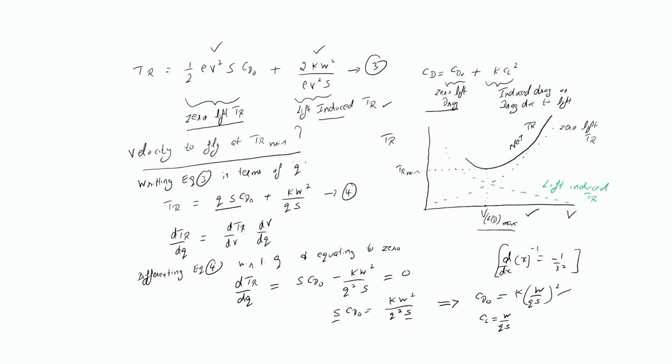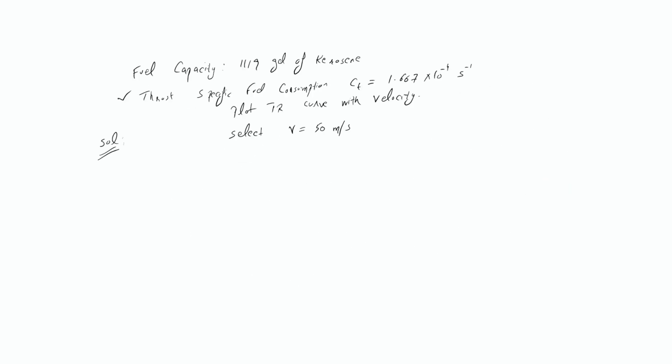Okay. So now let us find CL. Our first step is done. Second step is CL equals 2W by rho V square S. This is for steady level flight, please remember.